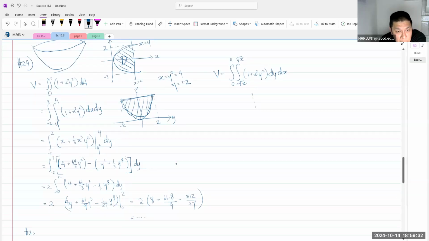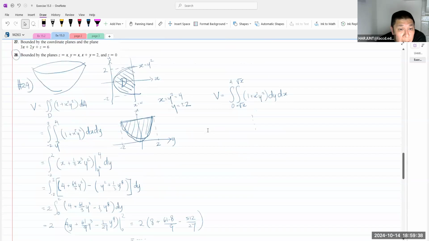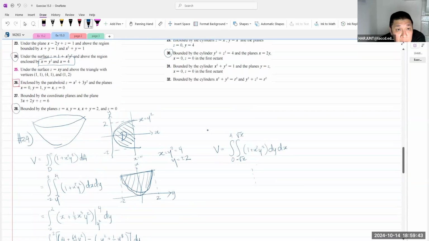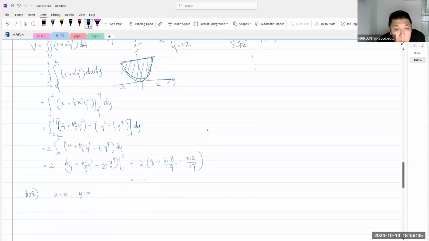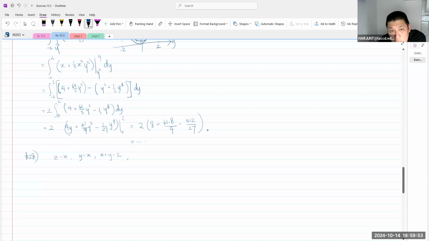Number 28: z equals x, y equals x, x plus y equals 2, and z equals 0. Z equals 0 is just the xy plane.